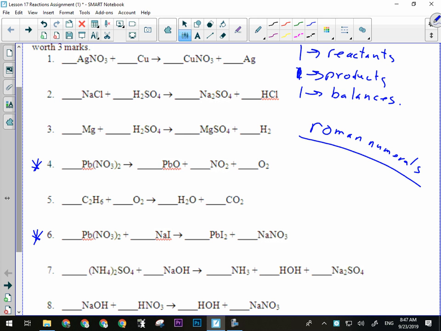The thing with number 4 is that oxygen is in all 4, or sorry, well, it's in everything, but it's in all 3 products as well. Okay, and you have an odd number on this side, but you have an even number on this side. So it can be a bit tricky.